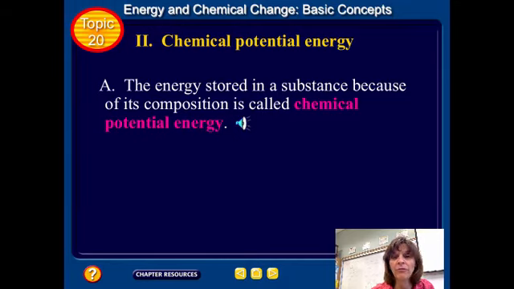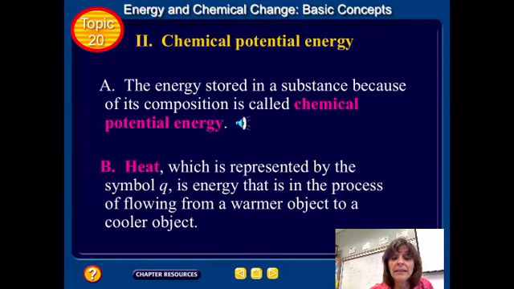For instance, you see a piece of wood, you see a piece of coal, you might not know that they have quite different potential energies. They both have the potential to release a lot of energy when combusted, but the coal has a much higher potential for releasing heat, is much more energy dense than the wood.